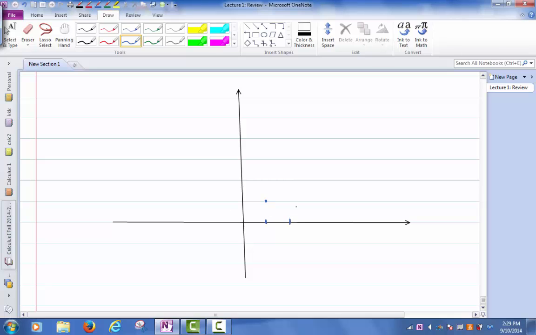And then I'm going to get a point right here at -1, and I'm going to get a point right here, right? So this is the graph of y equals x squared, right? So this height here is 4, and this height here is 1.